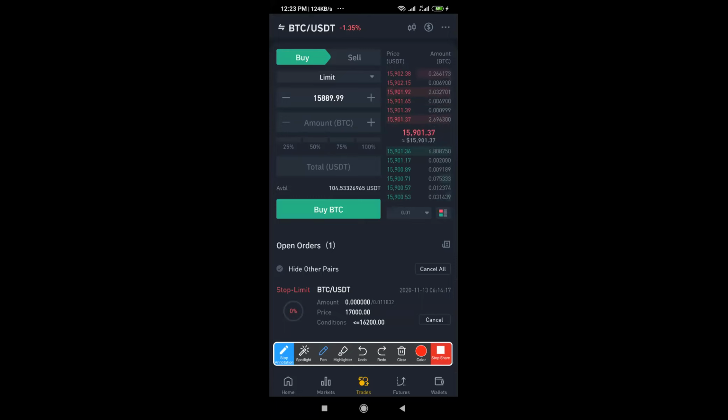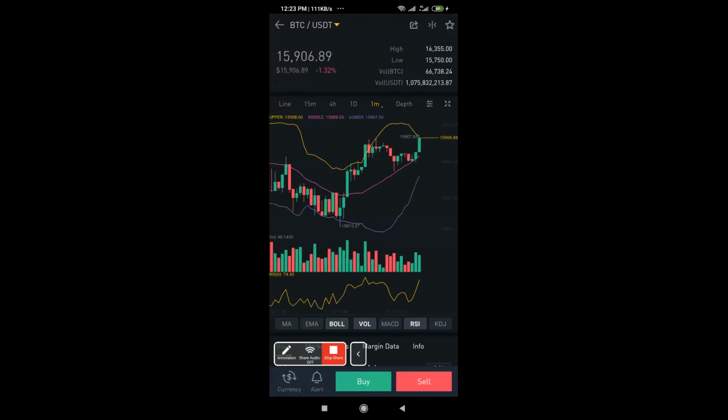Then, if I want to look at that candle chart that I saw on my PC, I'll just click this button here that looks like a candle. So this is the chart. You get it? This is how it looks on the phone. This is a 1 minute timeline.